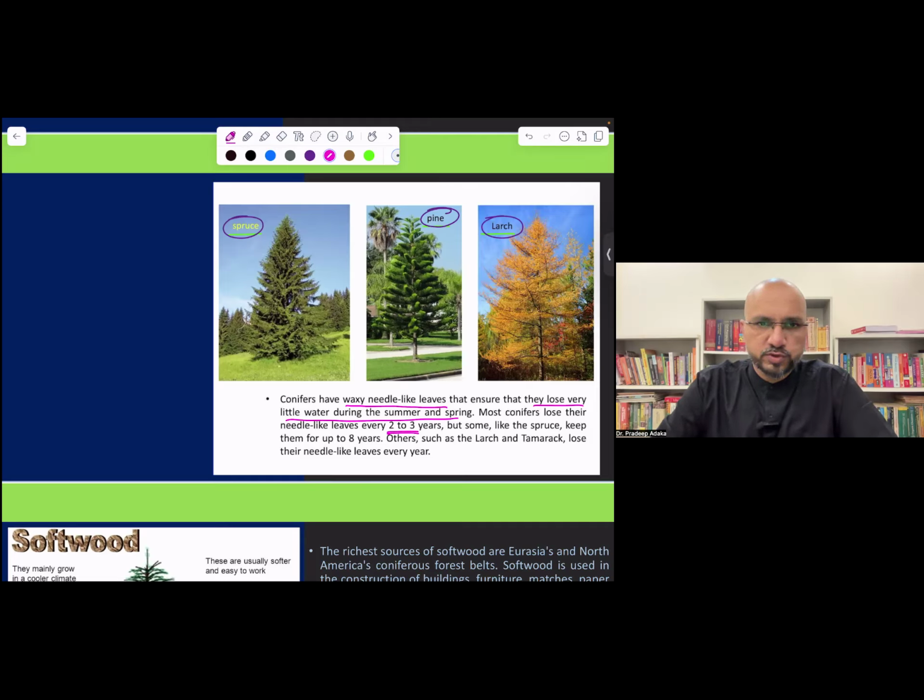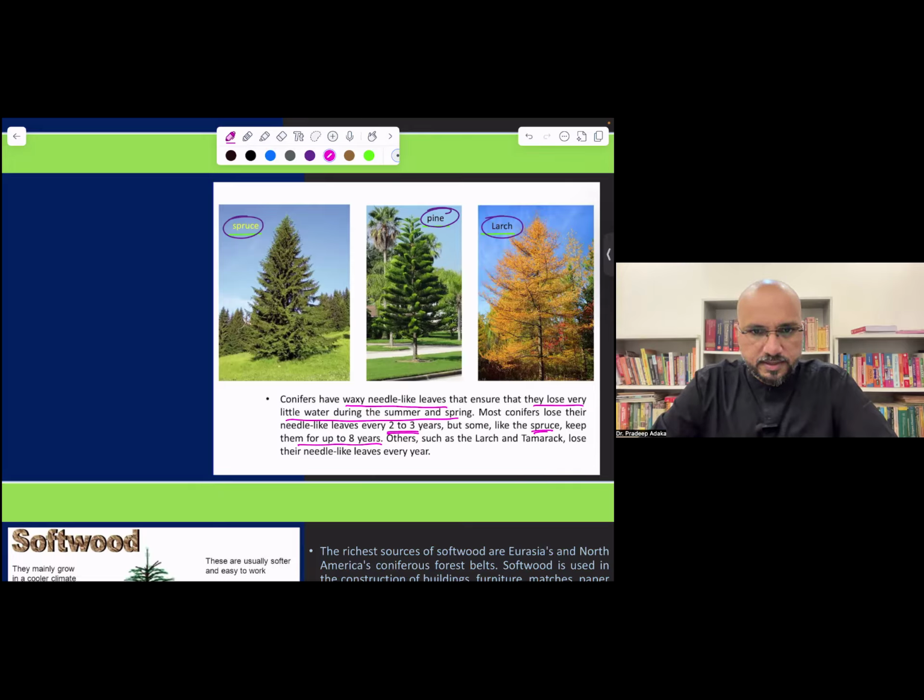At least for 2 to 3 years they remain on the branches, and shedding is not uniform. So that is why they are evergreen. The forest is evergreen because all the species do not shed their leaves uniformly. But some species, like spruce, keep them for up to 8 years.